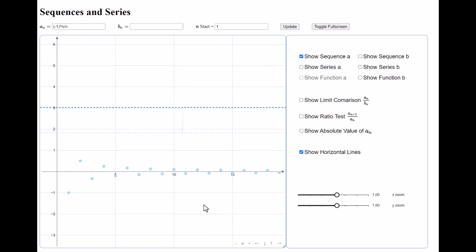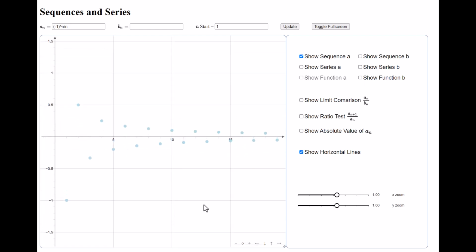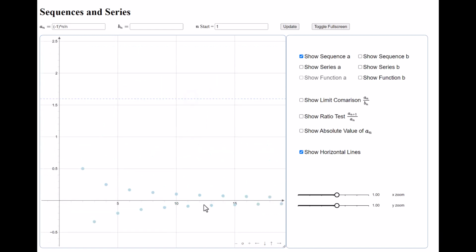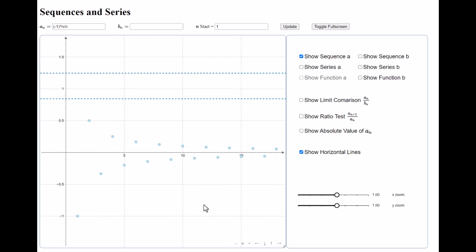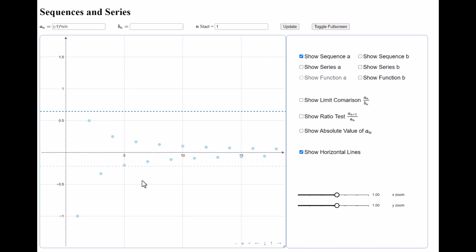Now, if you'll notice in this sequence, we do have a maximum value and a minimum value. So if I set these lines here and here, all the points in this sequence are in between those. So that tells me that this graph is, in fact, bounded.